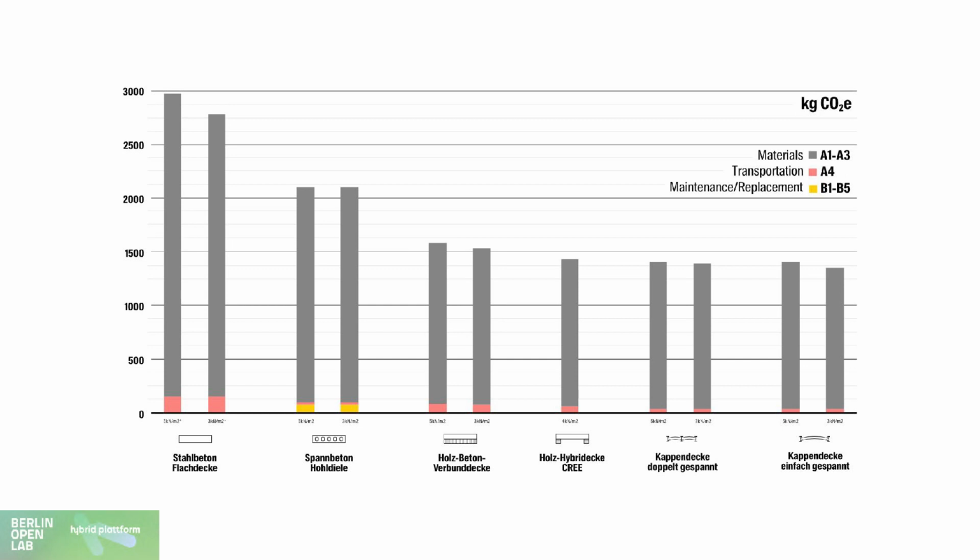We compared these, and of course the most common thing in construction today is flat reinforced concrete slabs, and then we compared these to timber constructions, and we found out that these historic cap ceilings, which are vaulted structures, actually have even less embodied carbon than these timber build-ups.